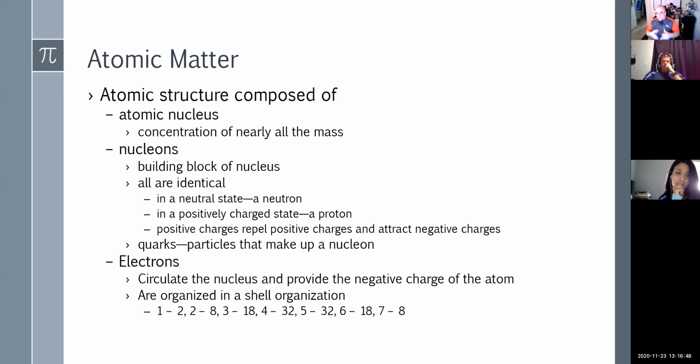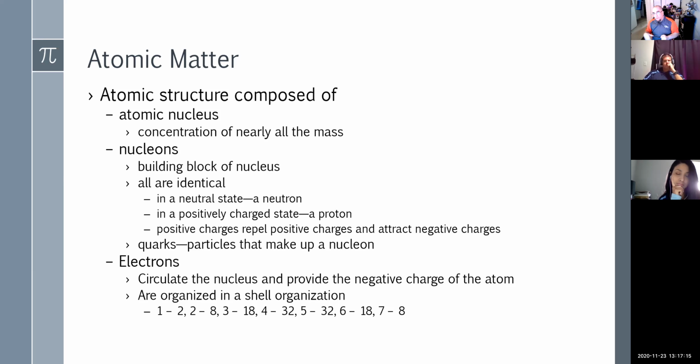Those make up the center mass of the atom. If they create the mass, they also create the inertia of the atom, because we know that inertia is related to mass. That means the greater that mass in the center, the more electrons are going to be circulating around it, right? Because it has a greater inertia, it's going to create a greater gravitational field. It's going to attract more electrons.